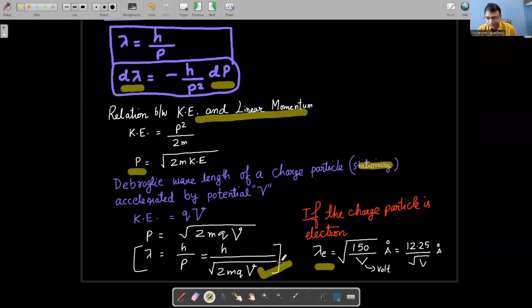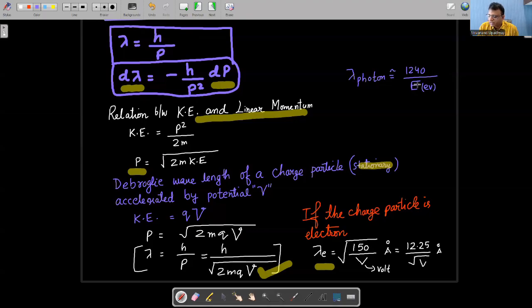This is the first thing. The second common error when we apply this formula: the same type of formula is there for photon. So when we are talking about photon, we write that wavelength of the photon is equal to 1240 divided by energy of photon in electron volt. Energy of photon is in electron volt, and this is an approximate value.